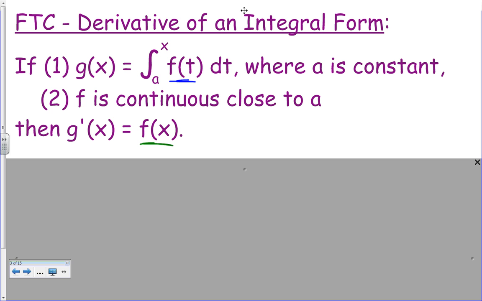That's what we noted: we just take that upper bound and substitute it in, and we end up with our derivative. That's the property we just looked at in that example.